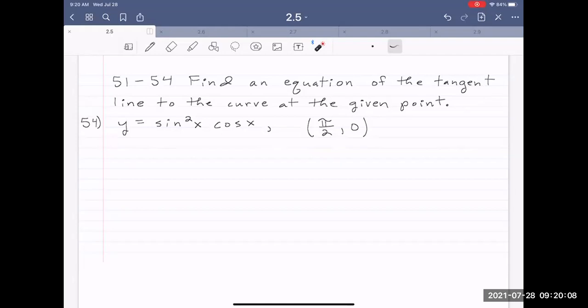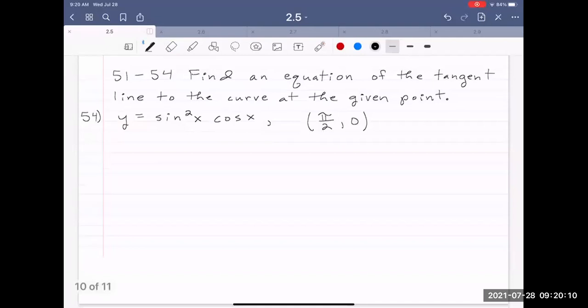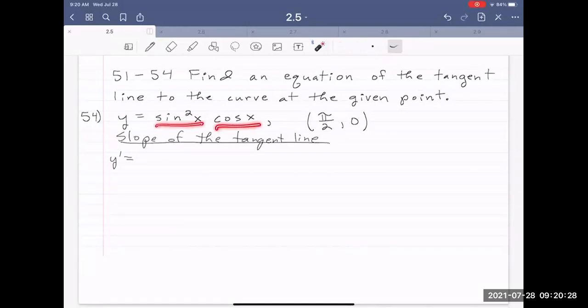So the first thing is to find the slope of the tangent line. Let's take the derivative. I'm going to have to use the product rule here. And to take the derivative of this, I'm going to have to use the general power rule.